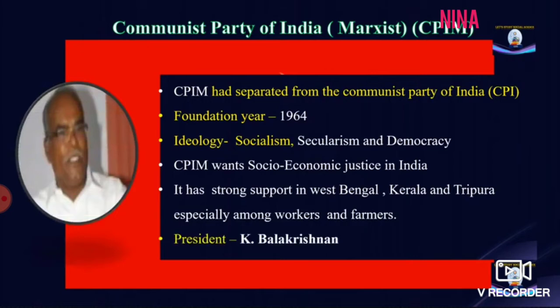CPIM wants social and economic justice in India. It has strong support in West Bengal, Kerala and Tripura, especially among workers and farmers. And the president of this party is K. Balakrishnan.